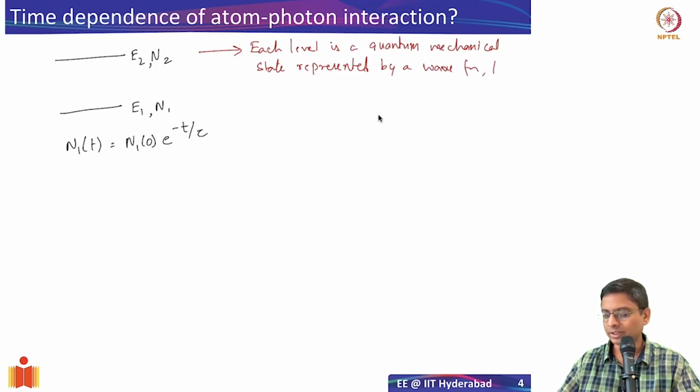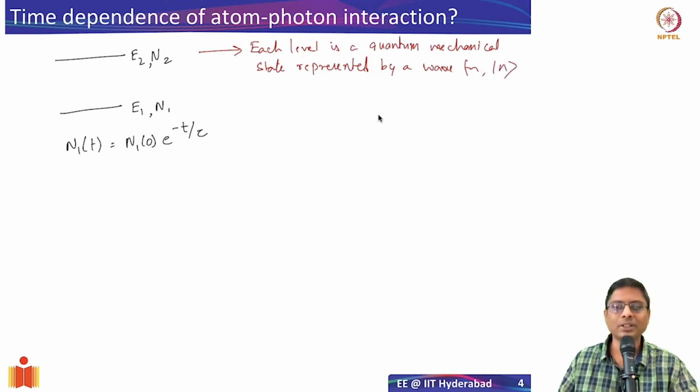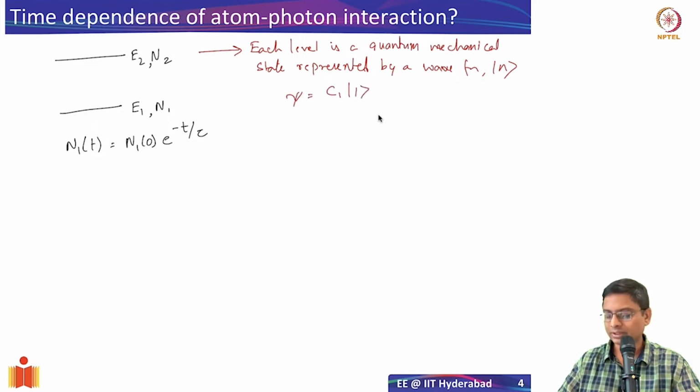I'll call this wave function n. The n state, right? First state, second state, and so on. So if you are having a two-level system, I can represent the overall wave function as psi equal to some c1 times first state plus c2 times second state. And I have a two-level system.